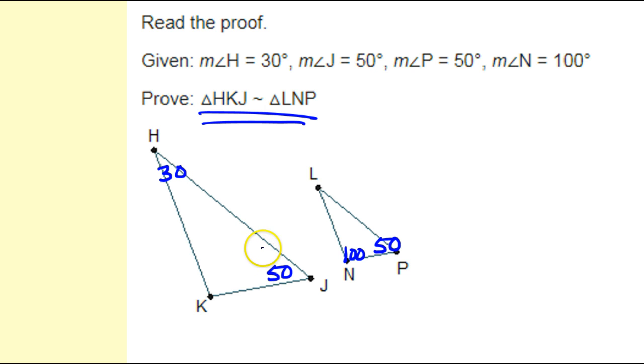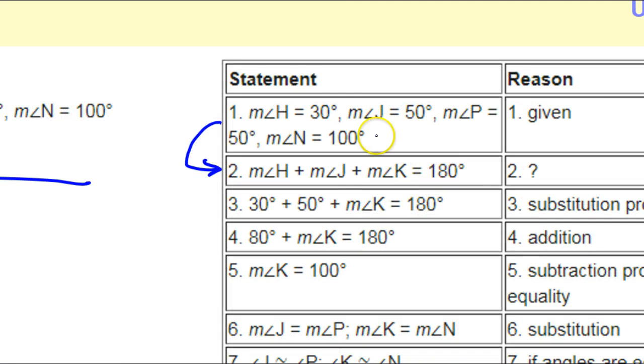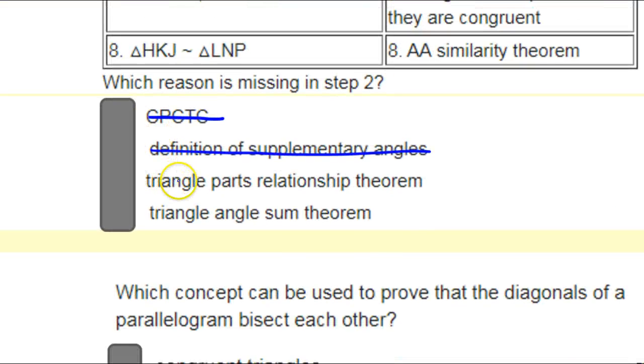If we were given that all of the angles are supplementary and then they said they added up to 180, that would be the definition of supplementary. Triangle parts relationship theorem. That doesn't sound familiar. That sounds made up. I'll come back to that one.